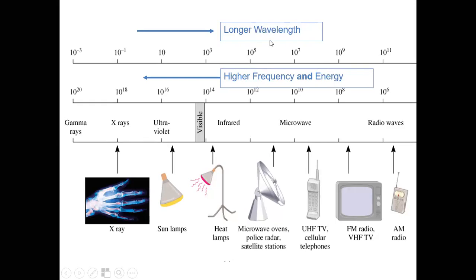Longer the wavelength, lower the frequency, lower the energy. The wavelength is inversely proportional to the frequency of an electromagnetic wave, and frequency is directly proportional to the energy. Higher the frequency, higher the energy. So when wavelength is inversely proportional to frequency, wavelength is also inversely proportional to energy, because frequency and energy are directly connected to each other.